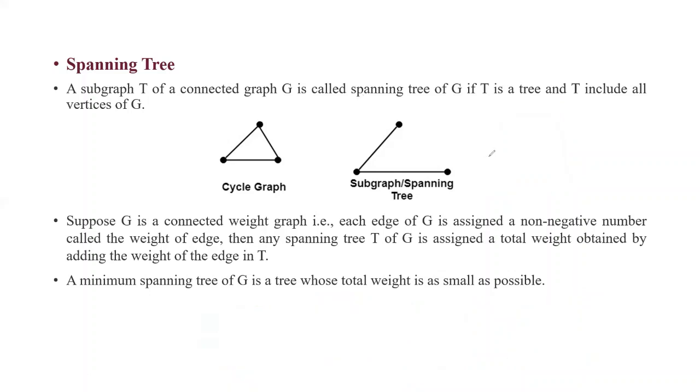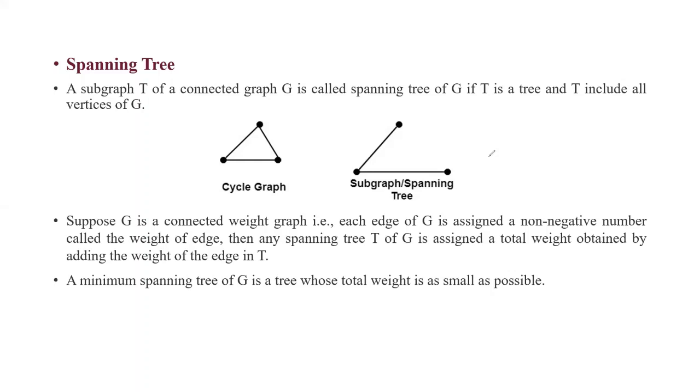Suppose G is a connected weighted graph and each edge of G is assigned a non-negative number called the weight of the edge. Then any spanning tree T of G is assigned a total weight obtained by adding the weights of the edges in the tree. A minimum spanning tree of G is a tree whose total weight is as small as possible.